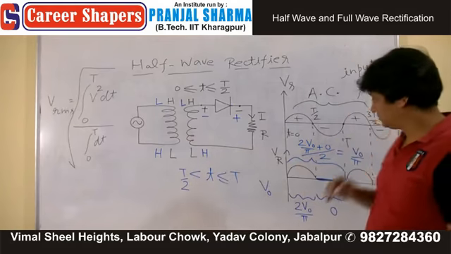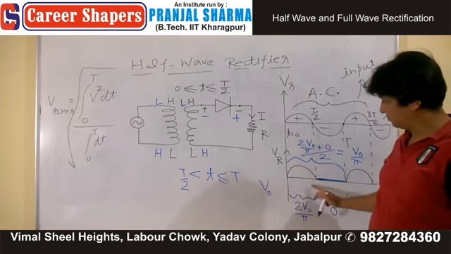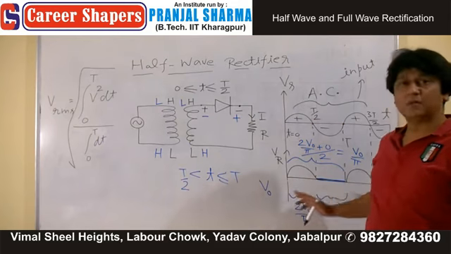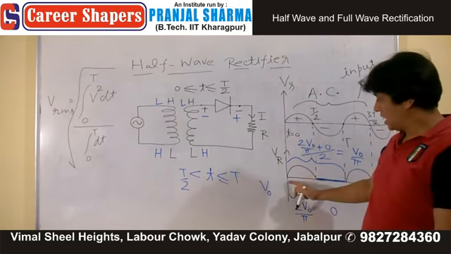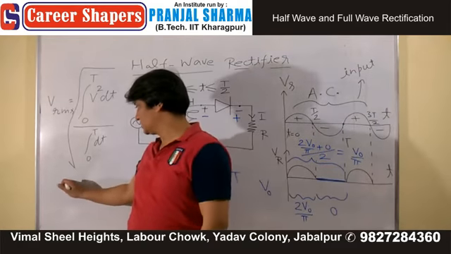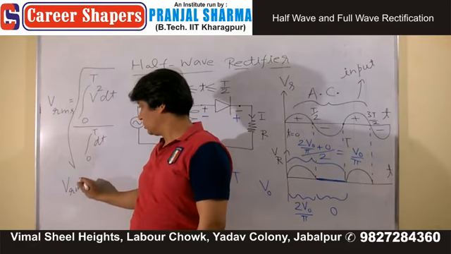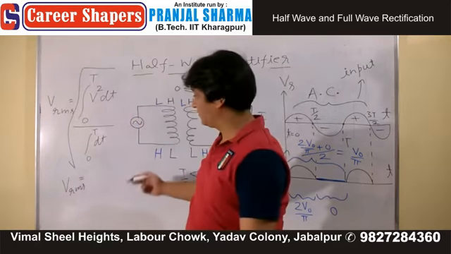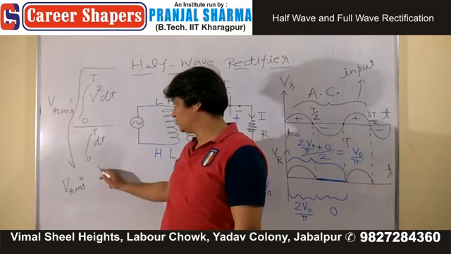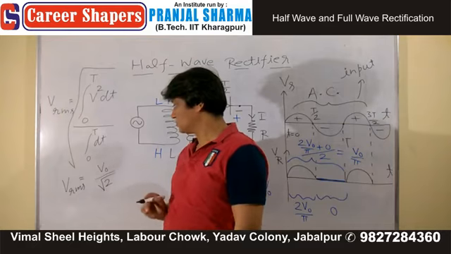First of all, if I ask you what is RMS for the first half, let's waste no time, then that is V naught upon root 2. Same.